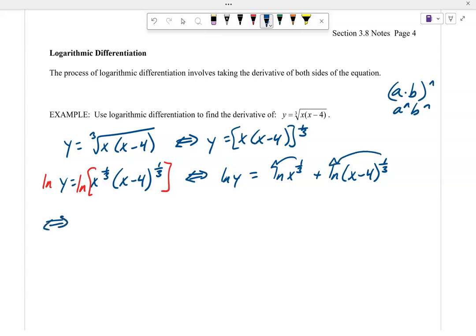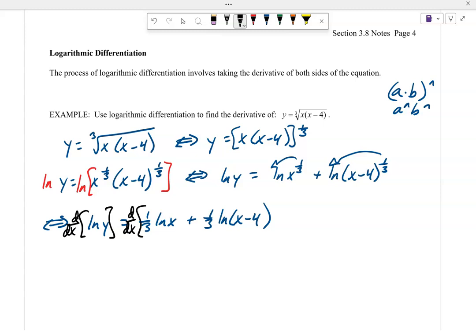So now we have, so it's a bunch of rewrites so far. But then at this point, I say, okay, now I want to take the derivative. So let's take the derivative of both sides with respect to x.